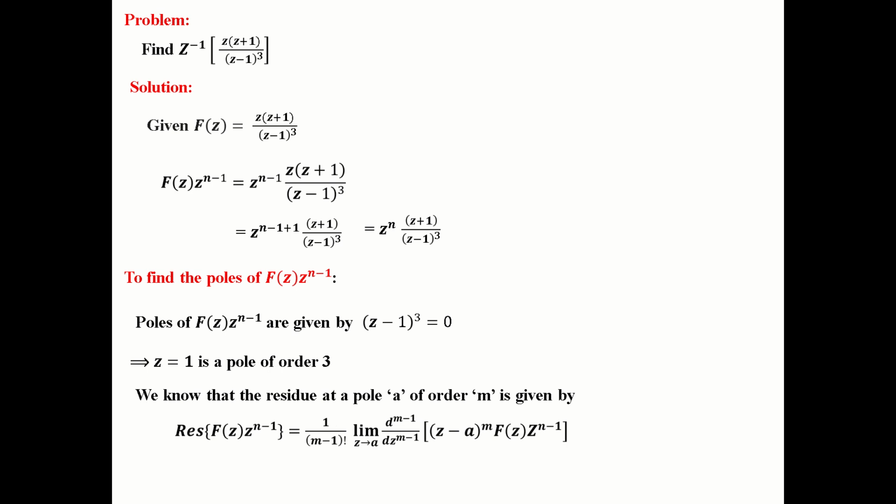So you put m equal to 3 and a equal to 1, because z is equal to 1 is a pole, right? So we will get residue R1, which is equal to 1 by 2 factorial d square by dz square of z minus 1 whole cube z power n into z plus 1 by z minus 1 whole cube, right?